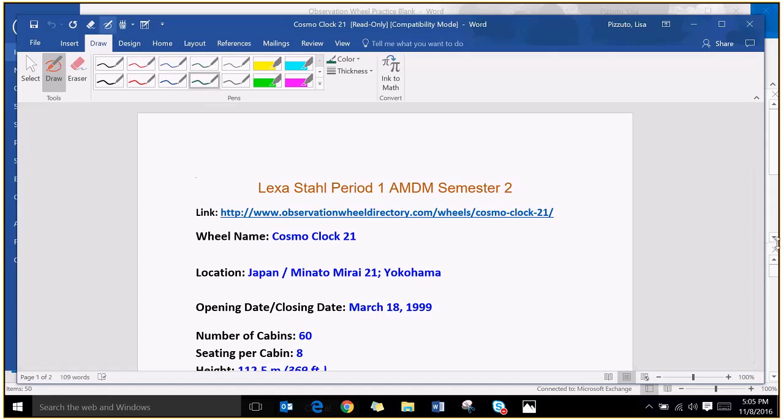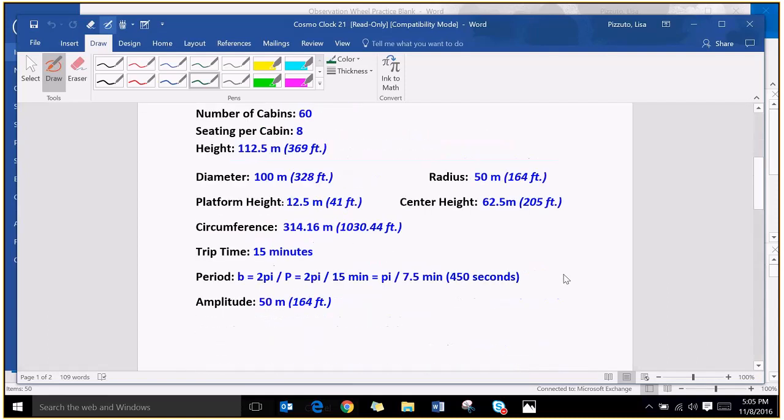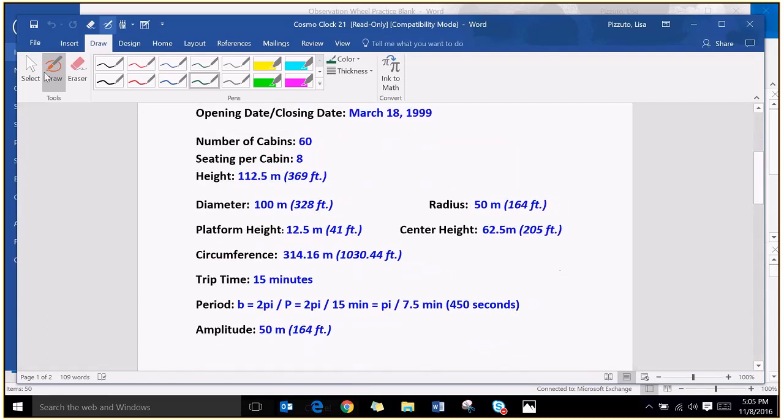Okay, so let me pull this down a little bit where we can see all the information. The first thing that you want to do is calculate all of your times. You are basing your times on the fact that it takes you 15 minutes to go all the way around. So the first column is your time, and you're going to do from 0.